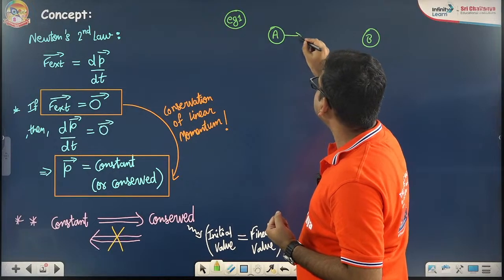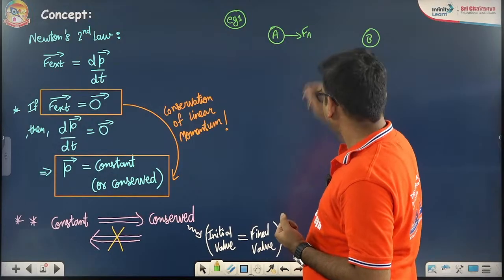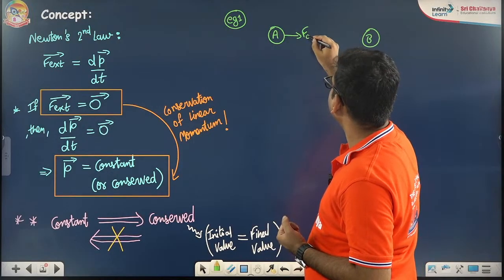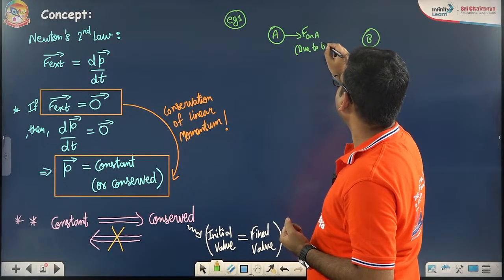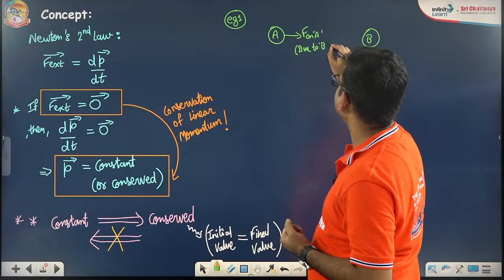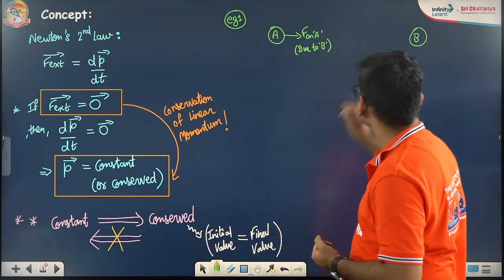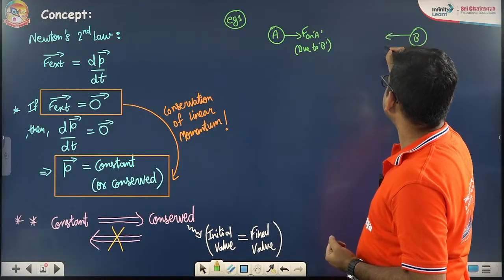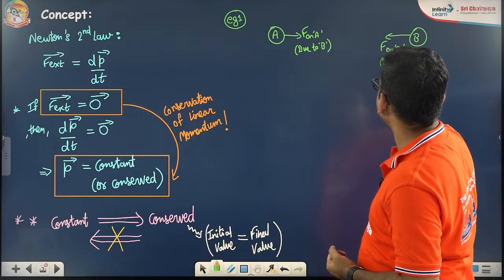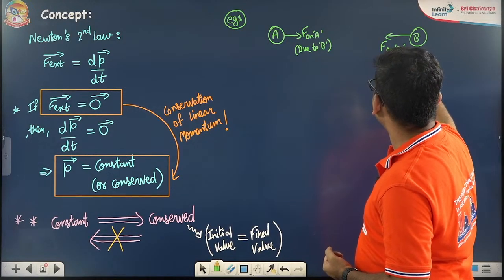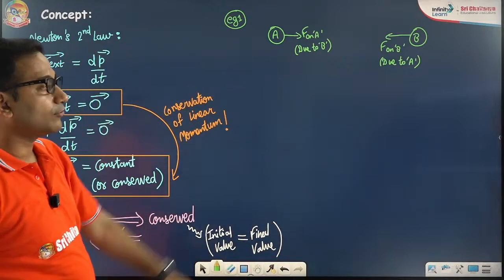A experiences a force F acting on A due to B. And B is also experiencing a force, say attractive only, F acting on B due to A.